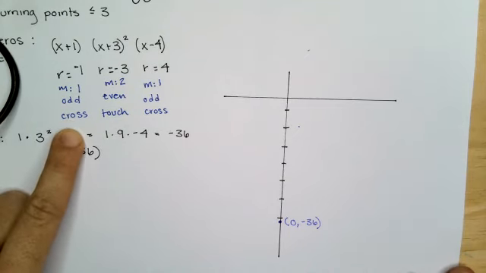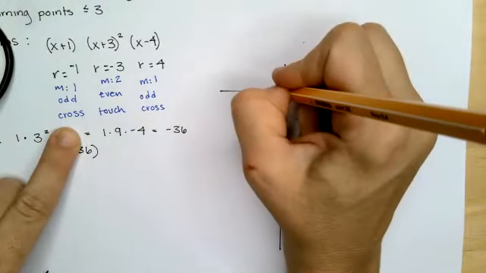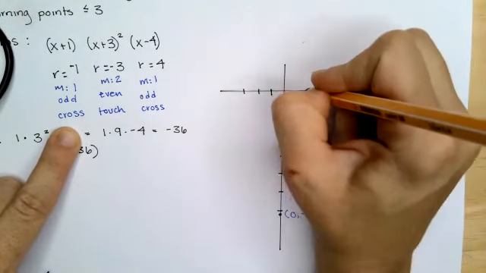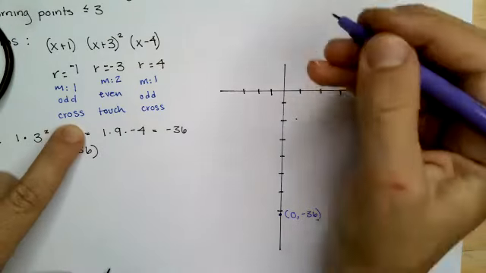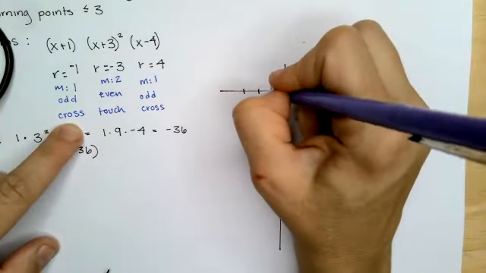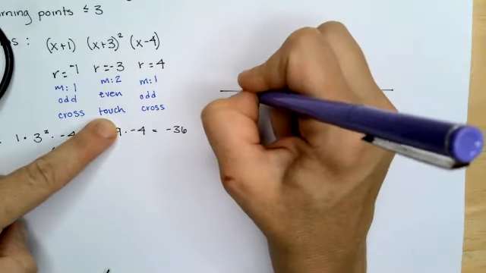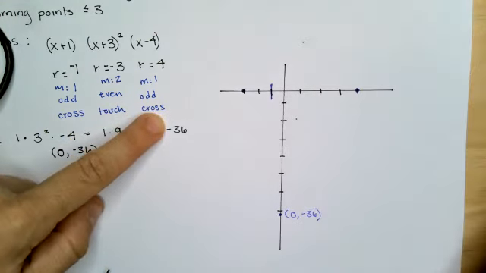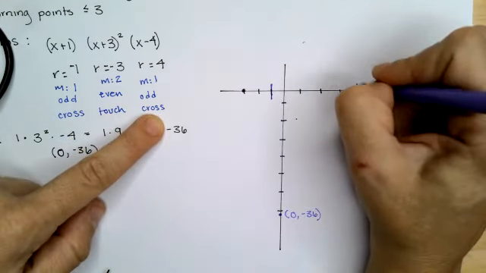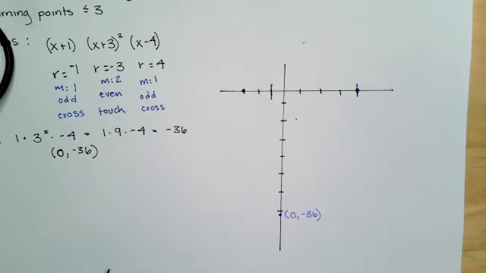Also going to cross, so we're going to cross at -1. We're going to touch at -3. And we're going to cross at +4. Oh, sorry. Cross is like this. Touching is like this because I'm not sure whether we're going down or up, right?